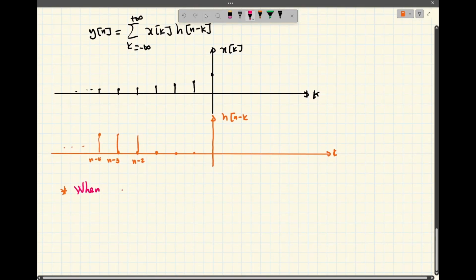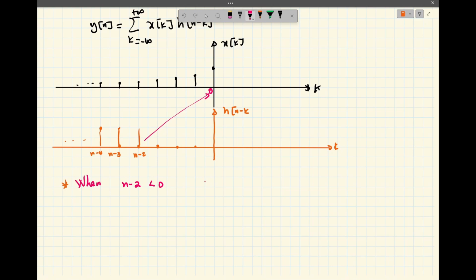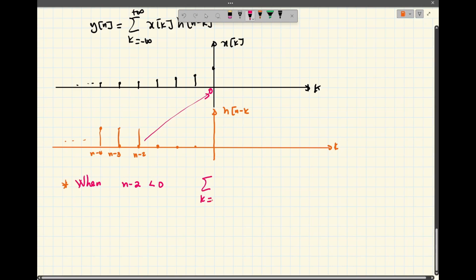So when n minus 2 is less than 0, I'm comparing n minus 2 to 0. Then the summation runs from negative infinity to n minus 2, because that's where the overlap happens.